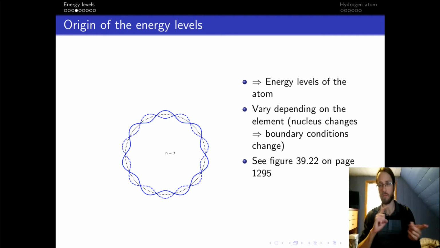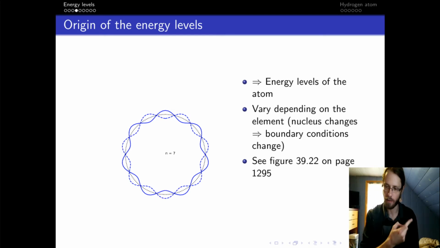And when you change the element, when you go from hydrogen to helium to oxygen and so on, the nucleus changes. So the pull that the nucleus has on the nearby electrons also changes. There is also the electron cloud around it that changes based on the atom you're looking at.